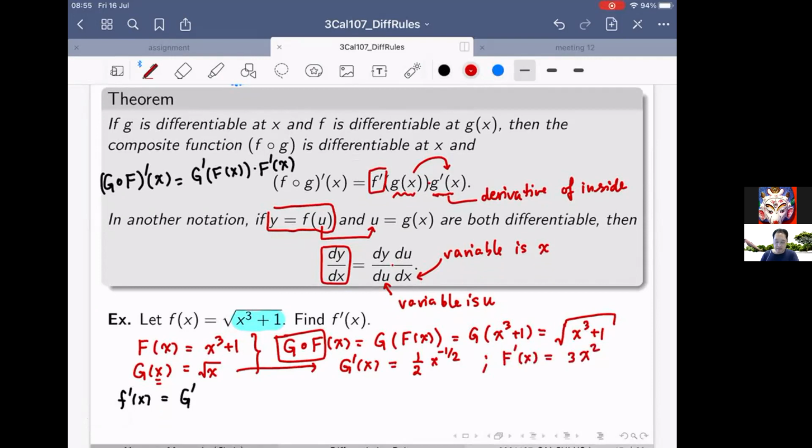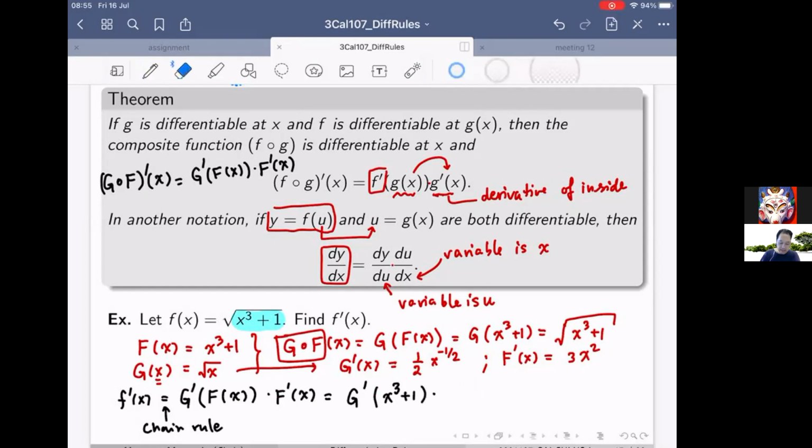So by using the chain rule, which says that this will be g prime of f of x multiplied by f prime of x, what does this mean? It means it will be g prime of your f of x, which is x cubed plus 1, multiplied by f prime of x. And your f prime is already found to be 3x squared, right?